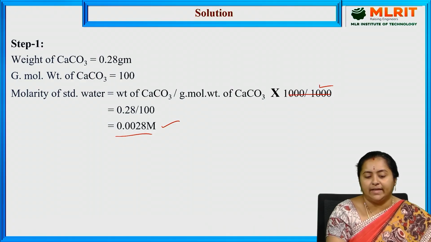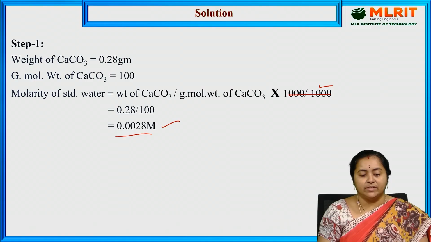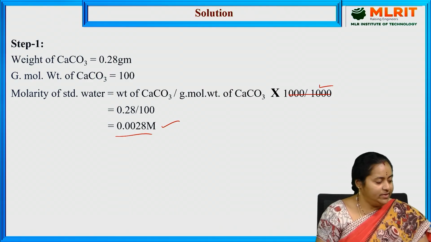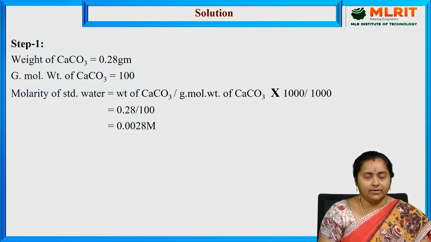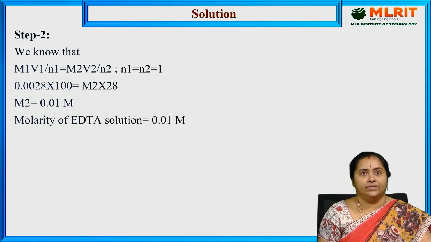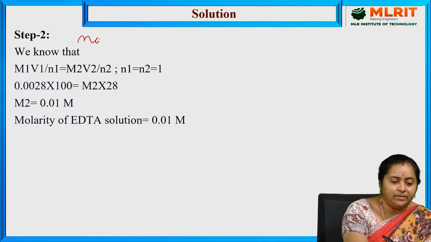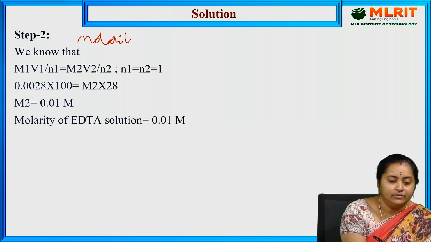These two cancel and finally we get 0.0028 M, that is the molarity of standard water solution. From step 1, we calculated the molarity of standard water solution. So let us go for step 2. Step 2 is determination of molarity of EDTA.